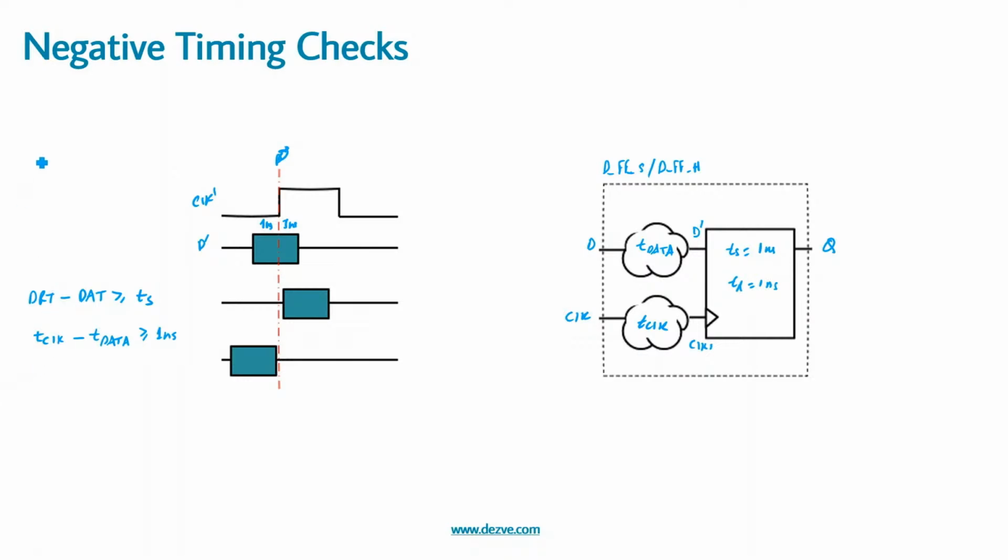Now let us consider various conditions, like T clock of 0, 1, 2 and T data of 0, 1, 2 in some combinations, okay? For the first one, let us assume that T clock and T data are 0, correct? So the clock delay is 0 and T data is 0, which basically means it becomes the previous circuit, correct? In that case, you will see 0 minus 0 greater than or equal to 1 ns.